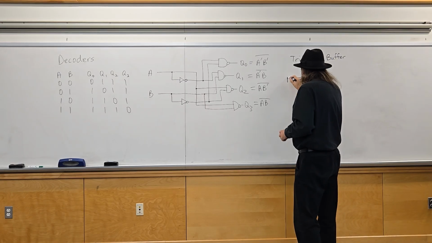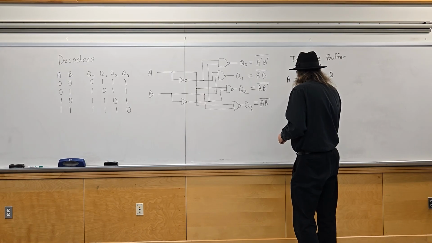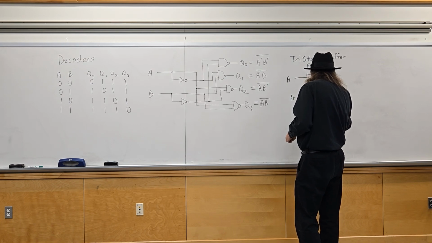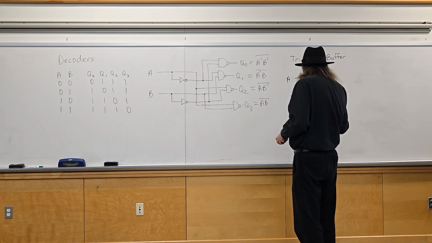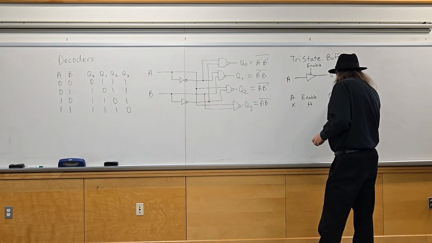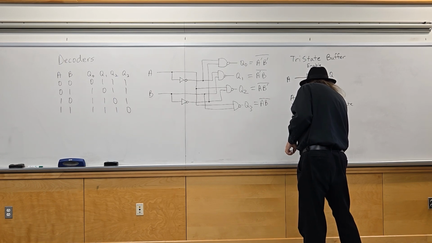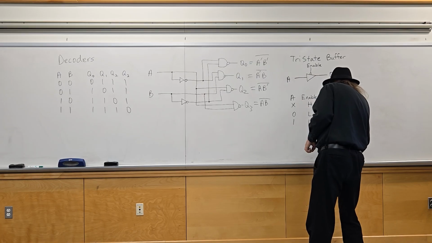So the state table for a tri-state buffer is, doesn't matter what X is, if enable is high, Q is in a high Z state. 0, 1, L, L, 0, 1.